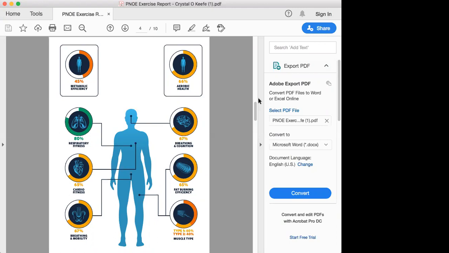Now, moving on to respiratory fitness and cardio fitness. These two metrics show the extent to which your pulmonary system, in other words, your lungs, or your cardiovascular system, in other words, your heart, are posing some sort of limitation to your ability to work out. Here, we don't see any of them being a limiting factor.